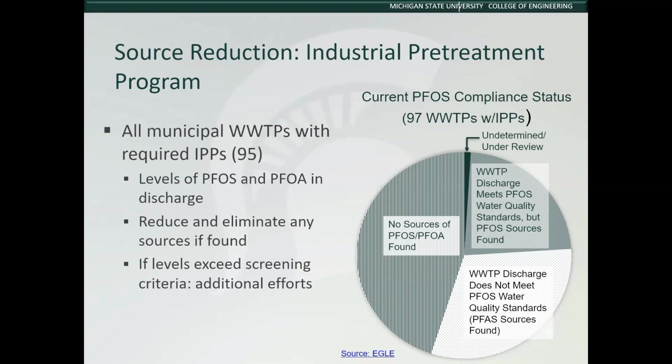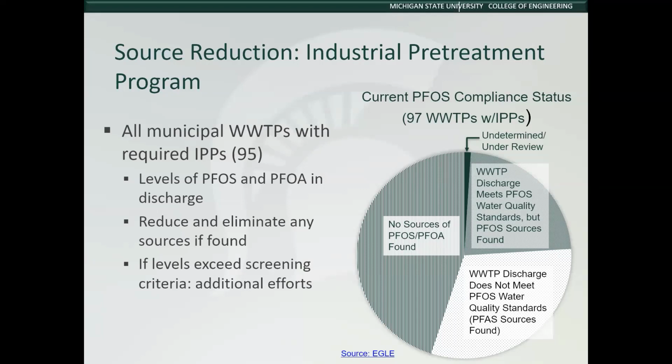And if found, these wastewater treatment plants were required to reduce and eliminate any sources. If the levels exceed the screening criteria, additional efforts are required.